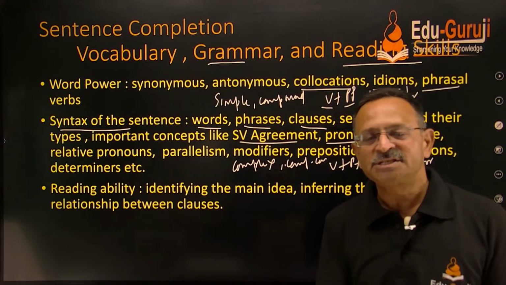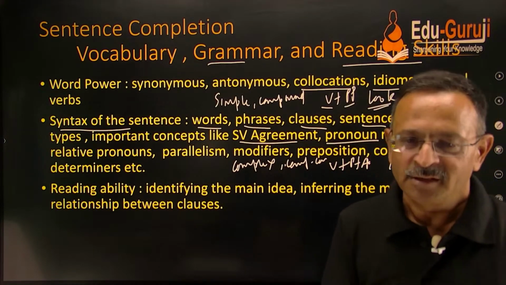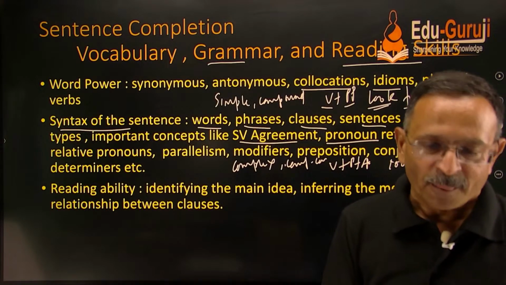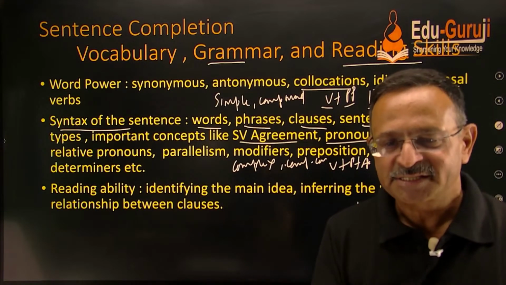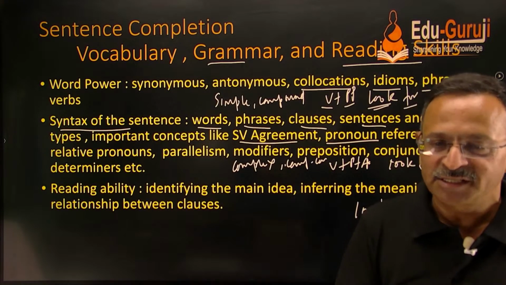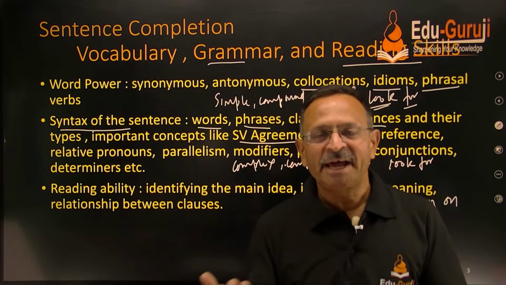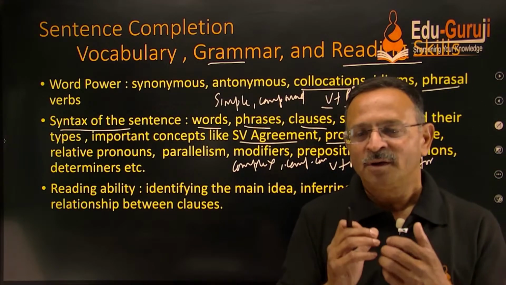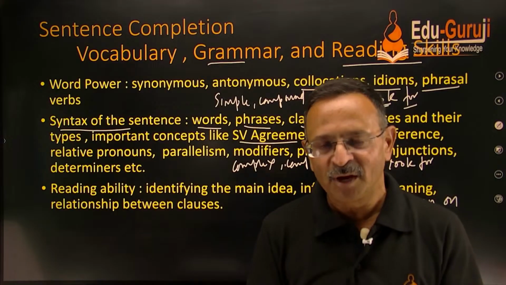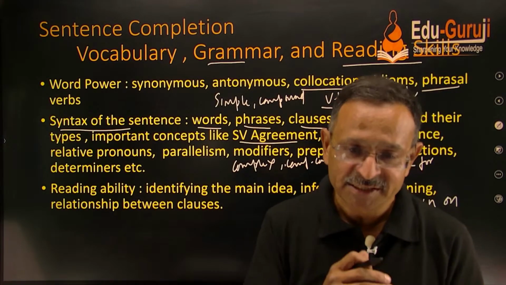The third thing which is very important is the reading ability, or the reading skills. By this time, you must have a fair idea about what we mean by reading ability or reading skills.